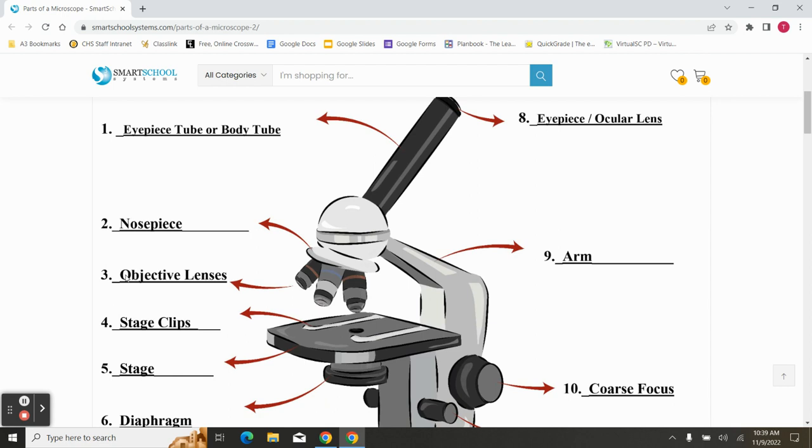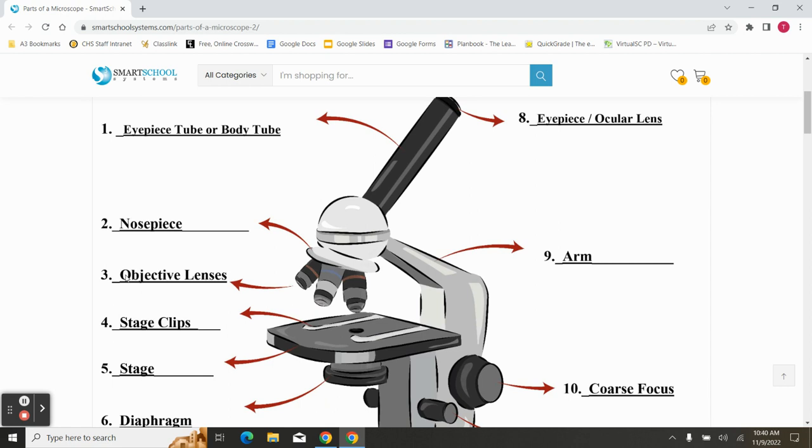On the low power objective, the medium-sized objective lens, you get 100 times magnification, 10x from the objective lens and 10x from the eyepiece. 10 times 10 gives you 100 times magnification. Your high power objective is 40x.